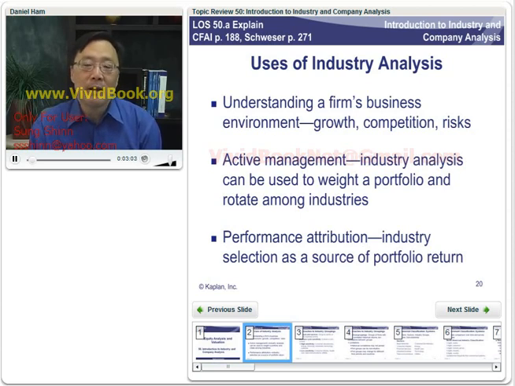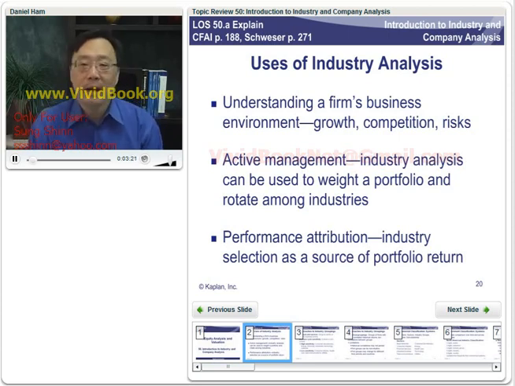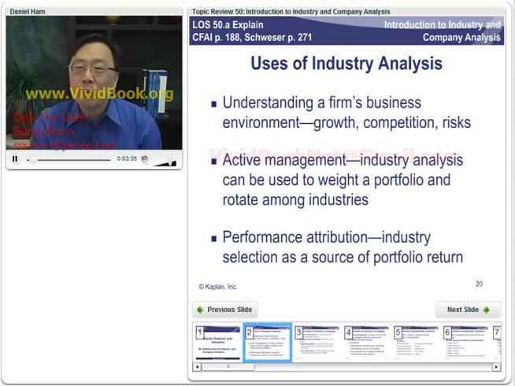What we do there is we look at the business cycle, and if you remember from macroeconomics, I'm going to start with the bottom. The bottom is called the trough, and as we head upwards, it's called the expansion phase of the cycle. Then you hit the peak. Then you go down to the contractionary or recessionary part of the curve and back to the trough. So cyclical industries would outperform. Cyclical meaning sensitive to the business cycle.